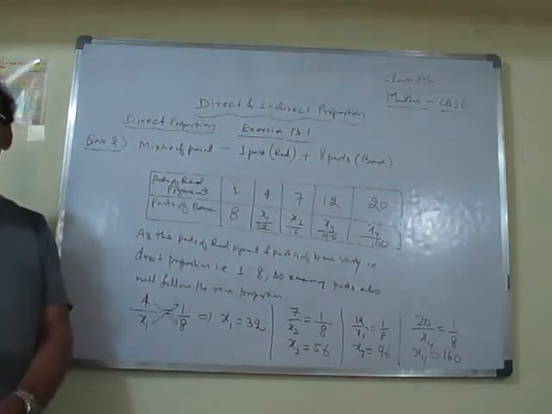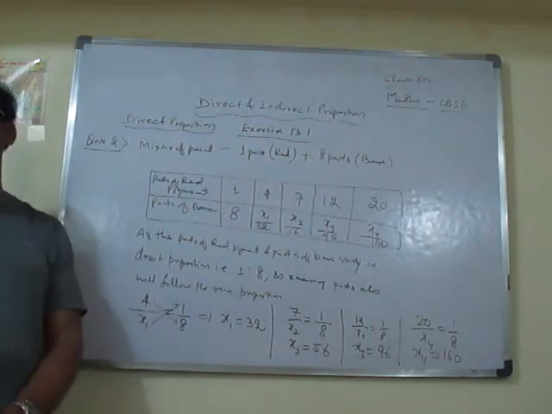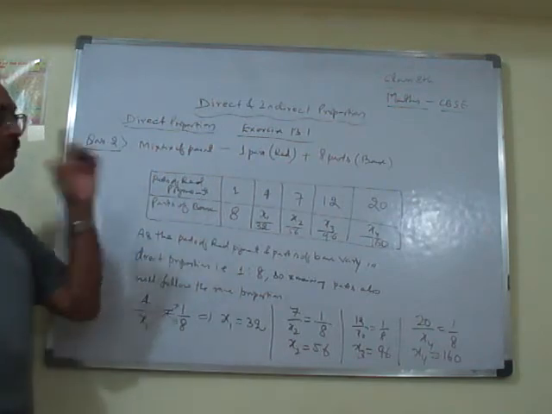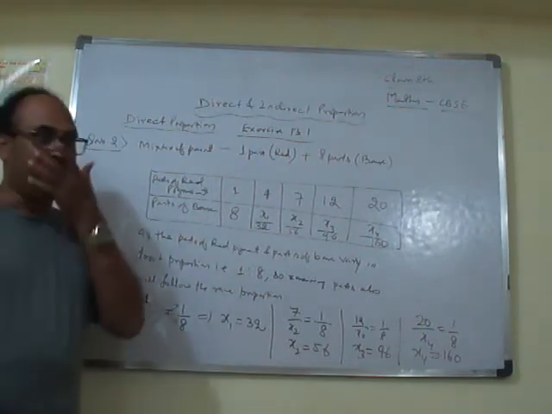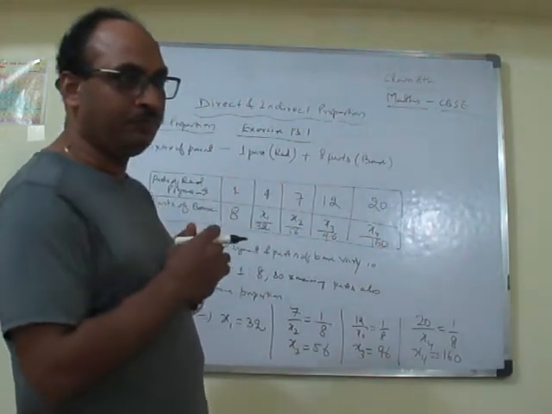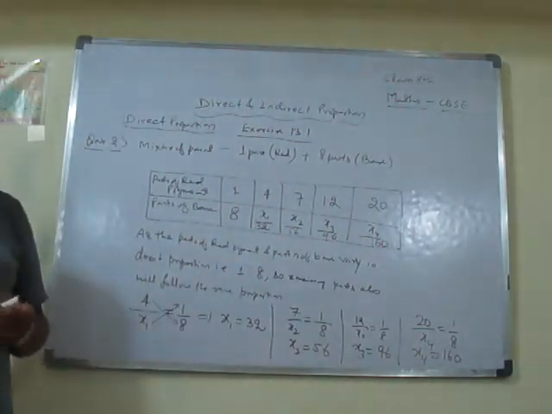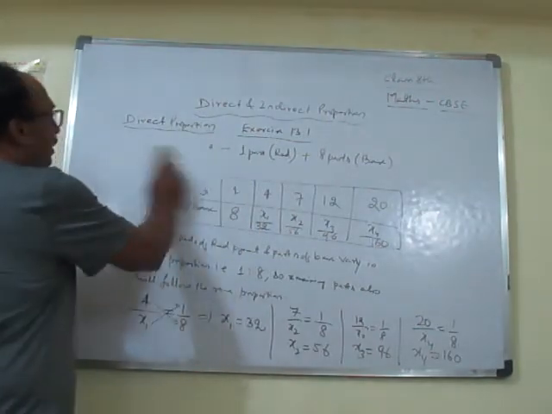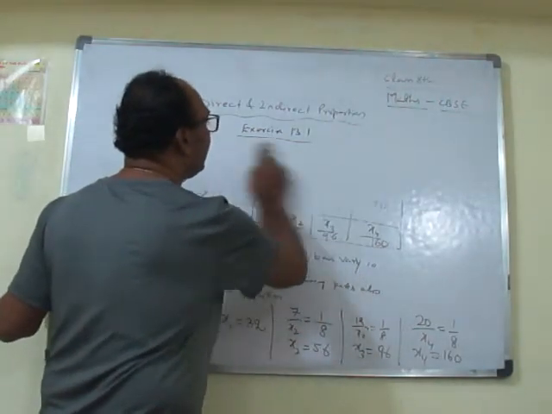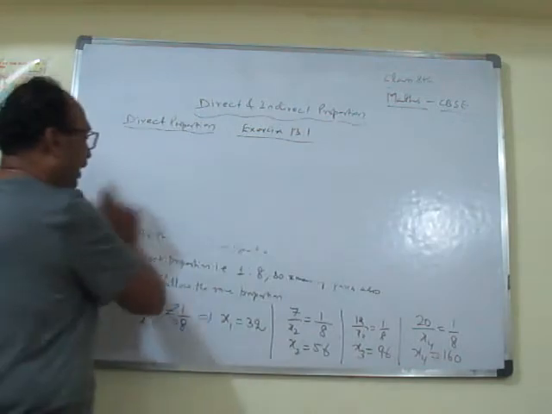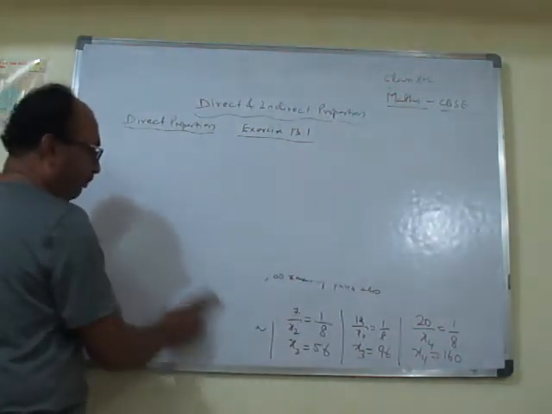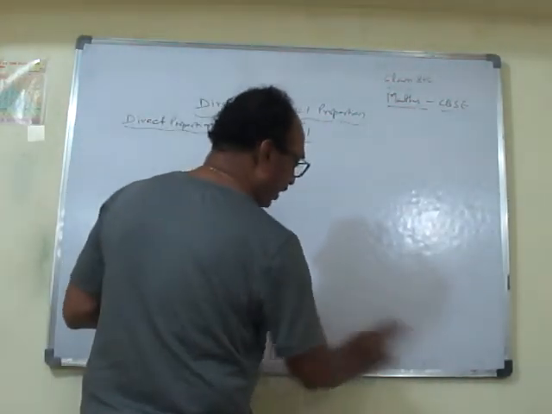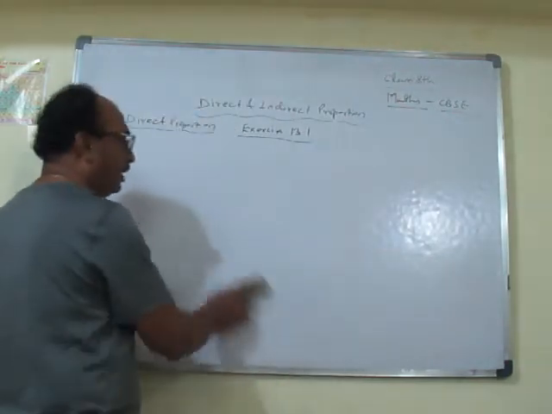Okay, gentlemen? So in this way we need to solve questions related to direct proportion. I will solve two more questions in this exercise, and the remaining you can solve yourself, and if you have doubts, you can ask me.